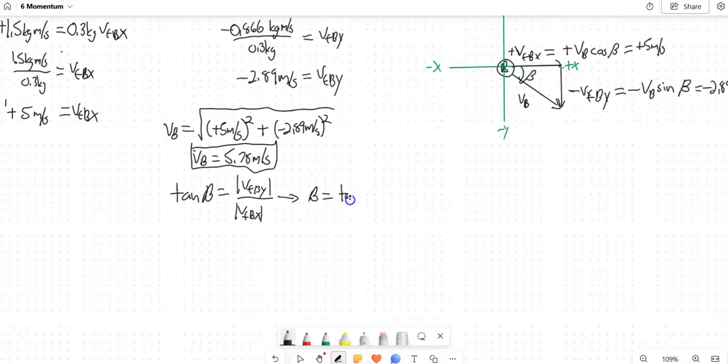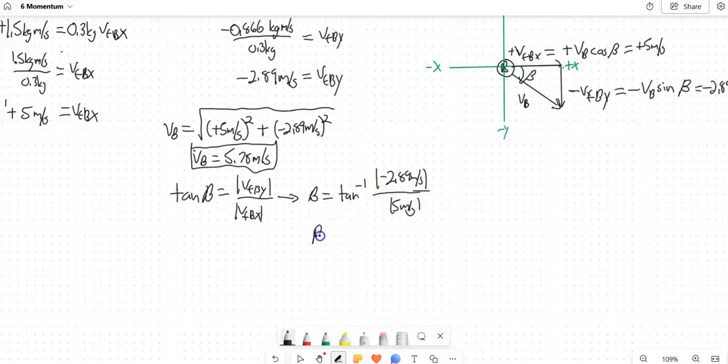It's going to be the inverse tangent of the y direction, which we just need the number, negative 2.89 meters per second. I'm going to take the magnitude of that and divide that by 5 meters per second.